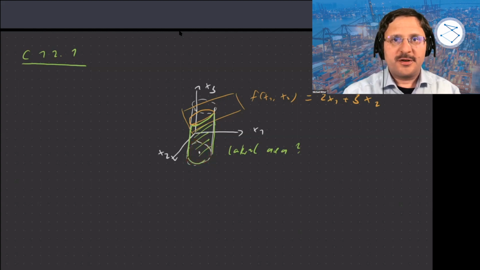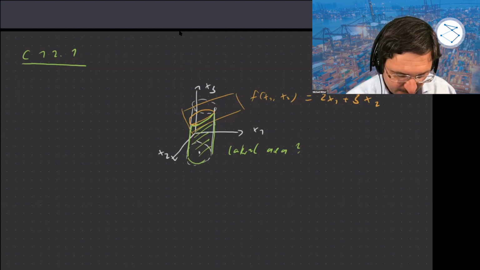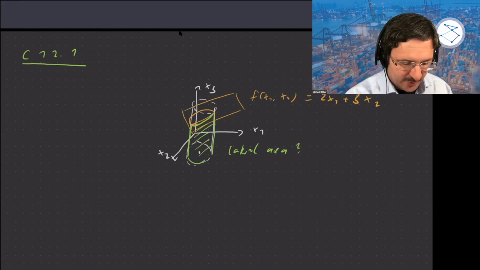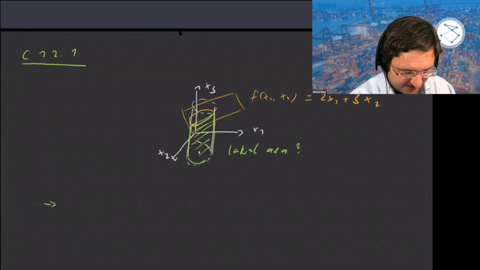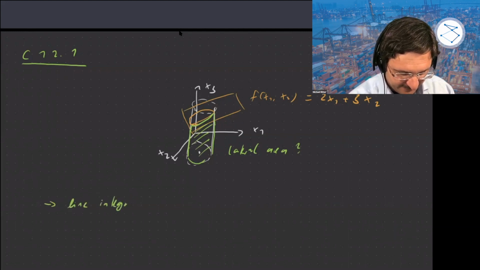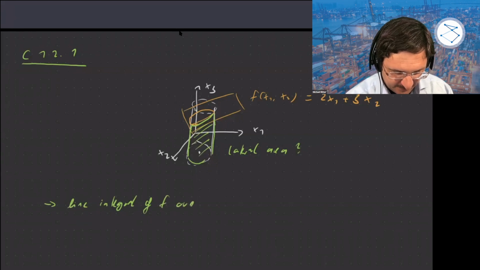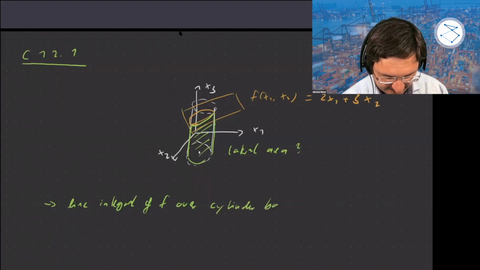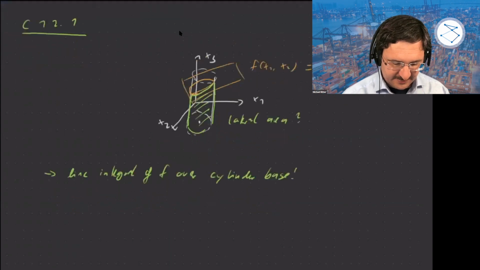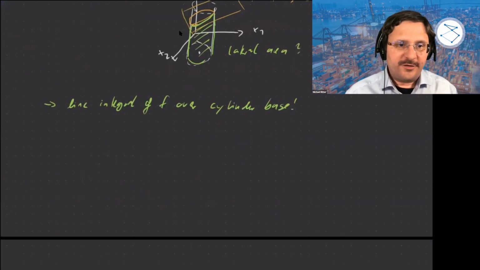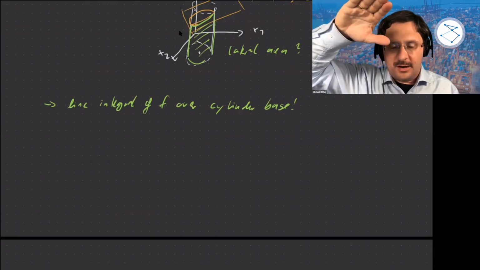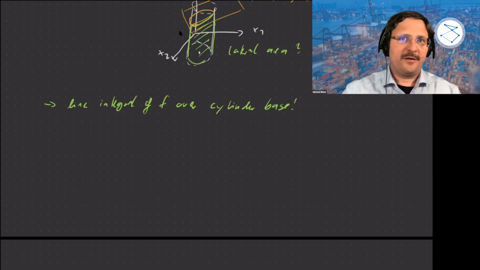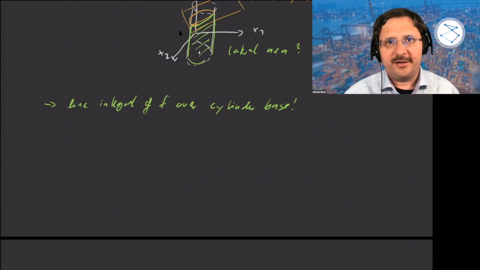And we want to compute the area between that line and the graph given by f restricted to that line. So what we want to compute is actually the line integral of f over the cylinder base. That's the area that we want to compute. And of course, that's true because all the points of f are above the x1, x2 area. If there were points below, then of course we would get negative values and then we would have to deal with absolute values. We don't have to do this in this case. Everything's positive anyway.